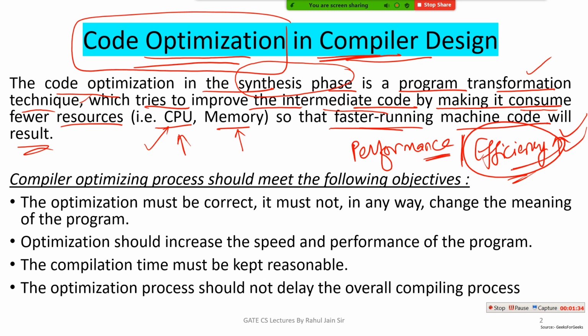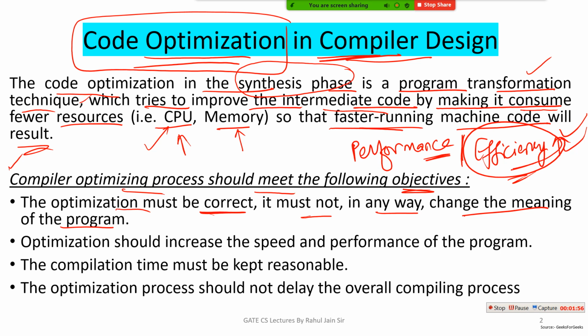Now, if we talk about the compiler optimizing process, then it should meet the following objectives. The optimization must be correct. Whatever optimization we do should be correct according to the rules. It must not in any way change the meaning of the program.